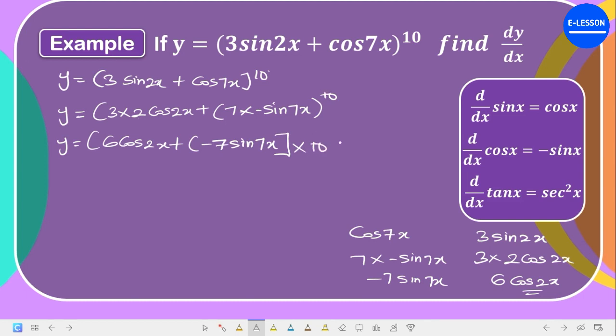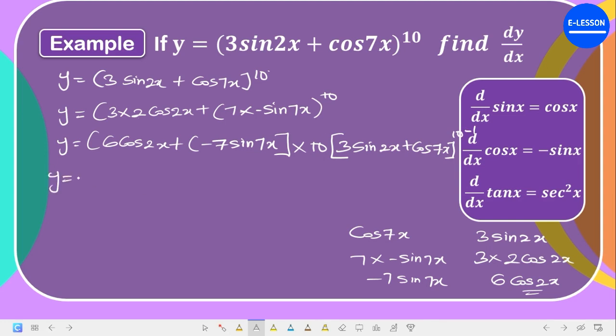Now everything is multiplied by the power here, which is 10, brackets everything again, which is 3 sine 2x plus cos 7x, then subtract 1 from the power, which is 10 minus 1. Let me write it here.